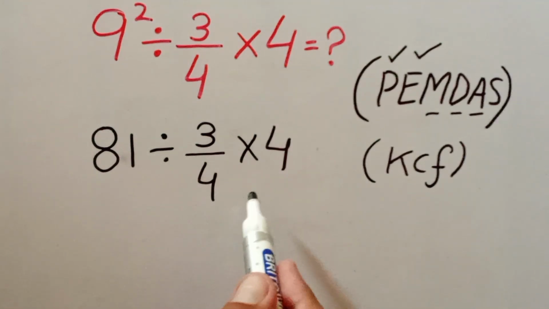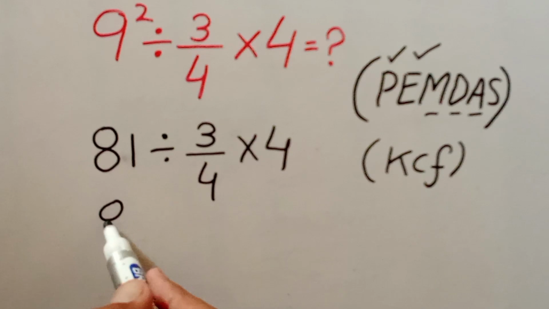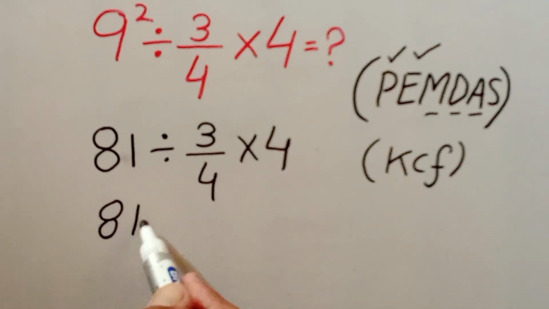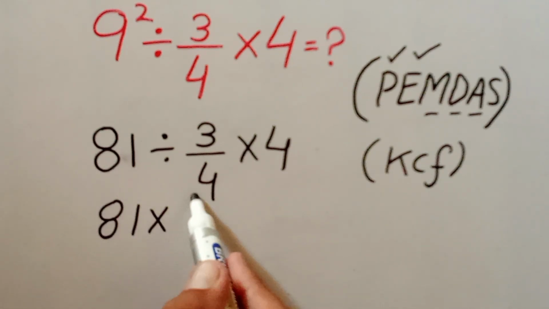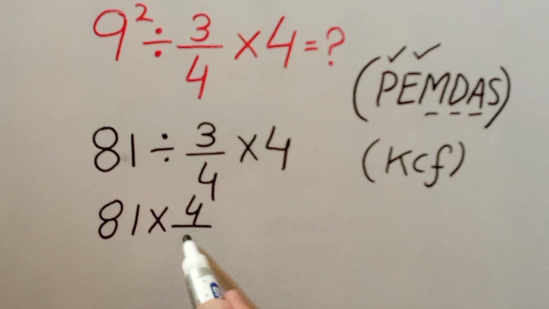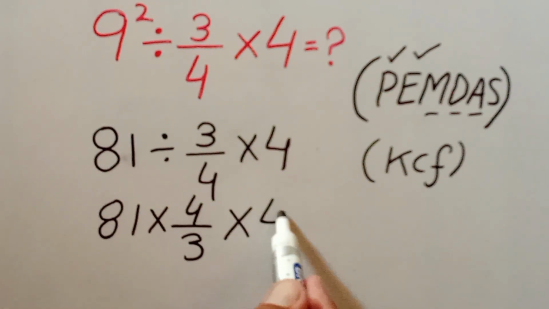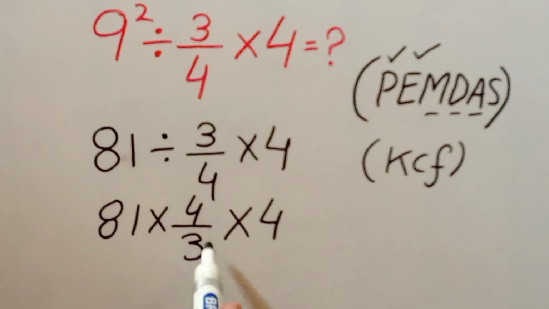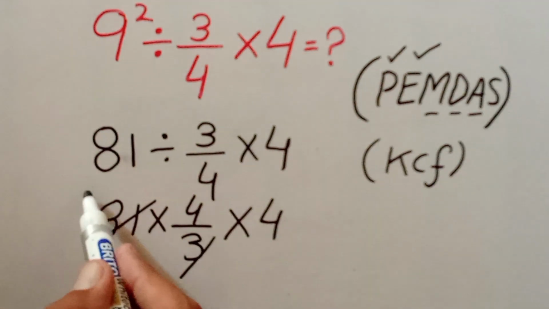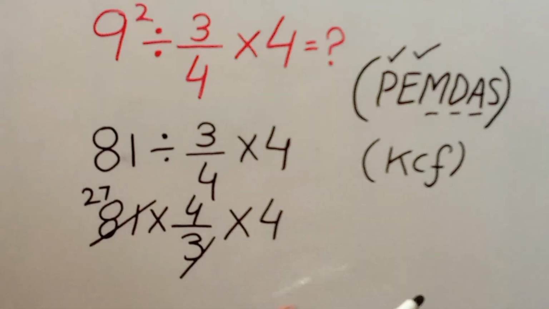So I can write it as 81 multiplied by 4 divided by 3 multiplied by 4. Here 3 and 81 cancel with each other and the answer is 27.